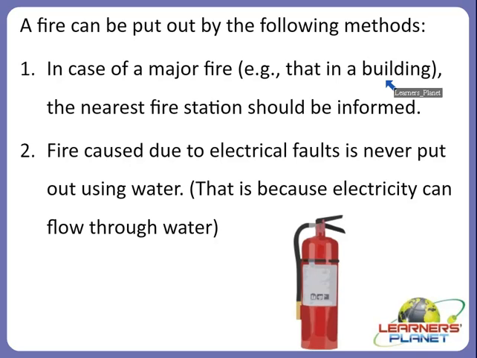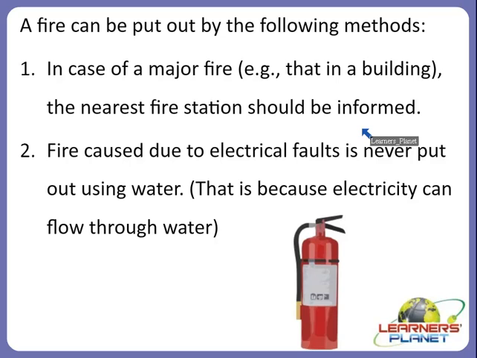And in the case of a gas leak, if the doors and windows are not opened and if an electrical switch has been operated, then any serious accident can happen, right? So always remember that in case of a major fire, the nearest fire station should be informed.